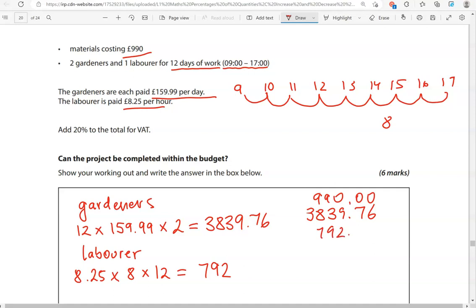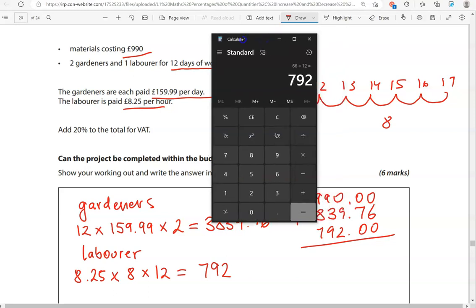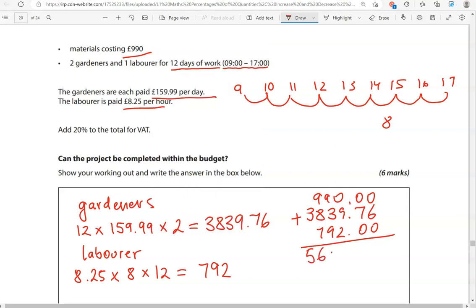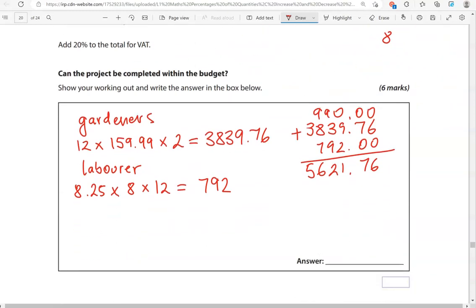So adding all of these together gives us £5,621.76. We're going to add VAT at 20%, so 20% of £5,621.76.